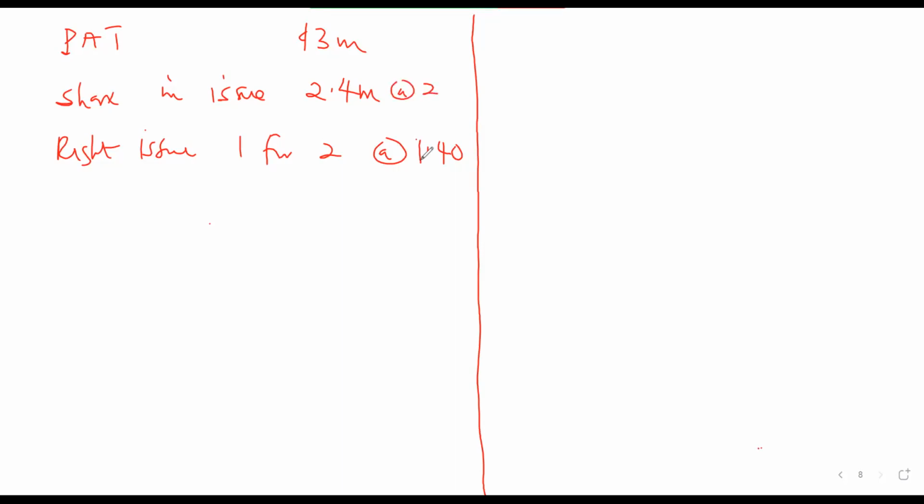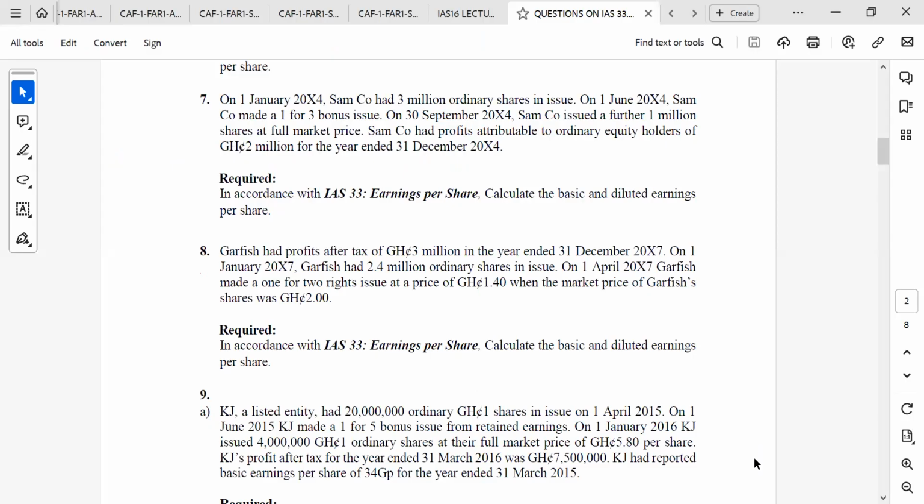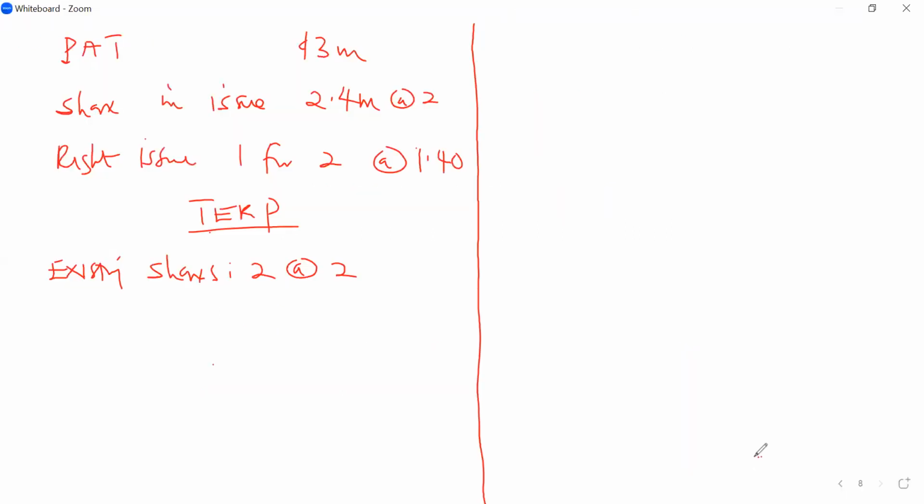Okay, so let's now calculate our theoretical ex-rights price on a unit basis. We look at the existing shares. How many of the existing shares are we bringing? It is 2, isn't it? It's 1 for 2. So that will be 2 at 2, which will give us 4.